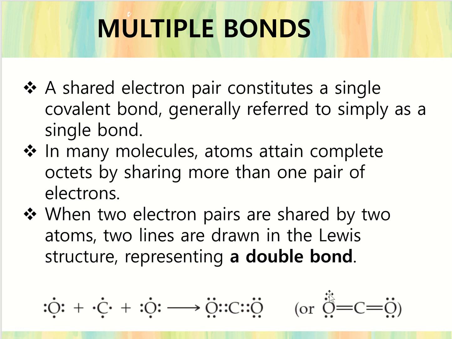So at the end of the day, we end up with 4 pairs, 1, 2, 3, 4. That's our 4 lone pairs or non-bonding pairs or unshared electron pairs, and we end up with 2 double bonds to form carbon dioxide.